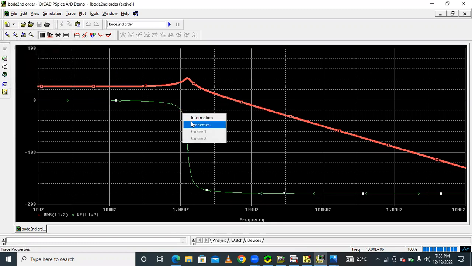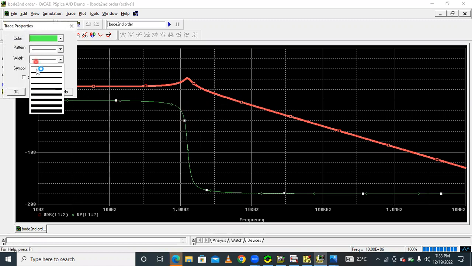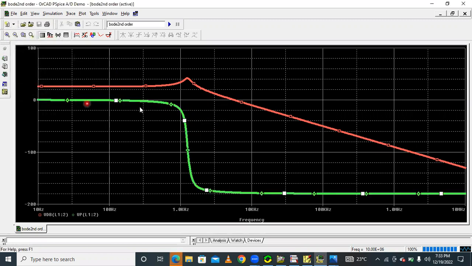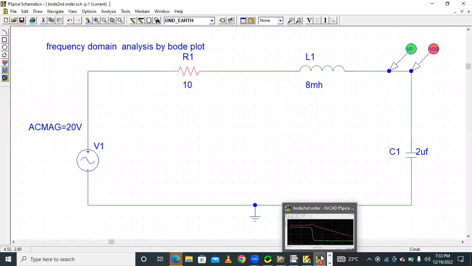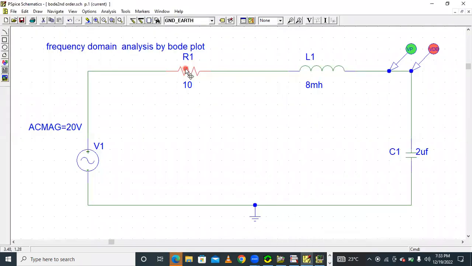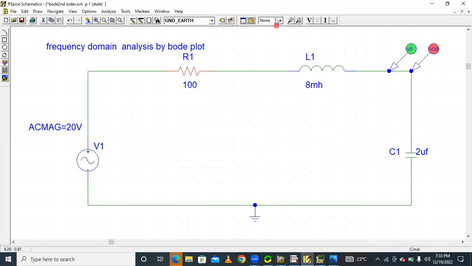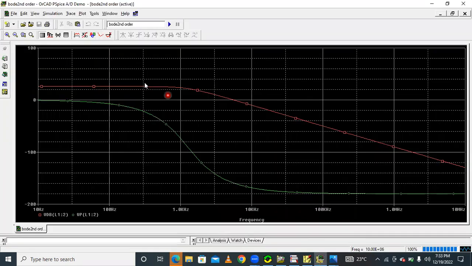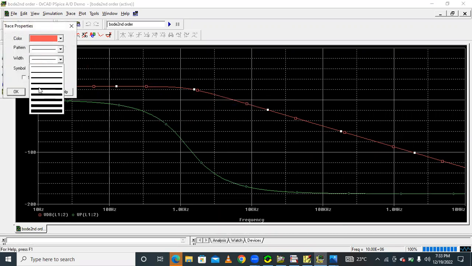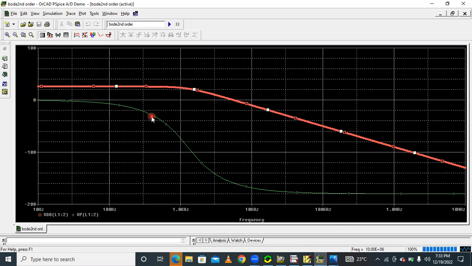This is called the phase plot, and the magnitude plot is changing like this. And then similarly, I am changing the resistance to a very high value, from 10 to 100 ohms. If it is 100 ohms, then the phase plot and magnitude plot change in this way. So by changing the values of resistance, this is called the overdamped system.